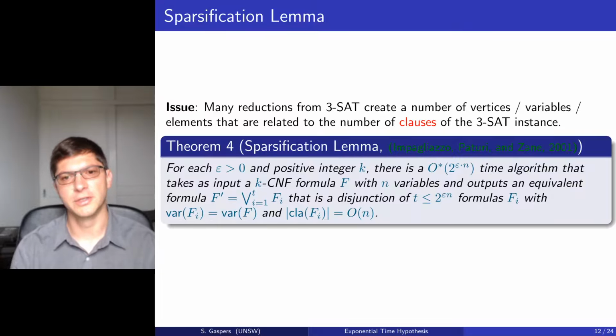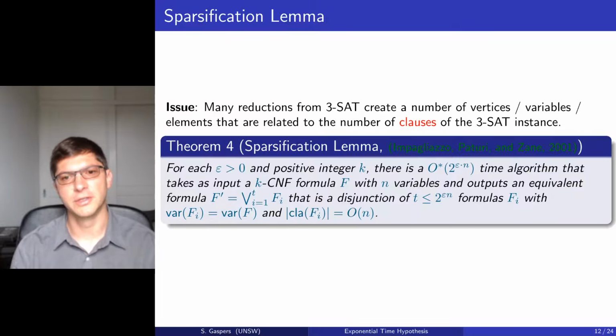We could produce this big formula f prime, and then using our sub-exponential time algorithm for sparse formulas, we could solve each of these sparse formulas in sub-exponential time, and then return the result for the formula f prime. So this would then imply a sub-exponential time algorithm for 3SAT.